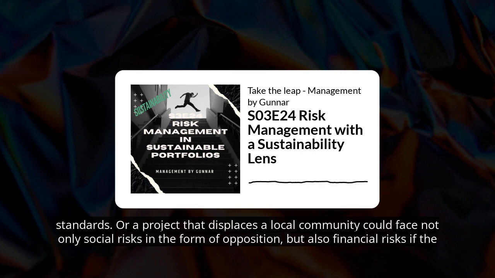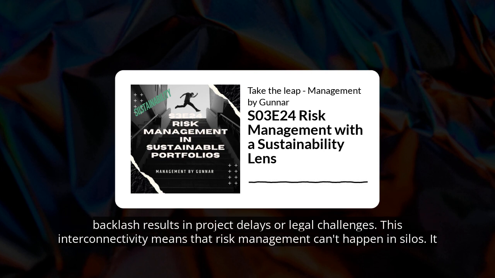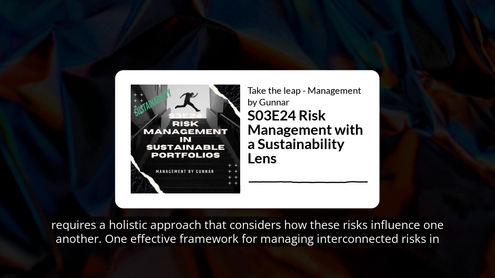Or a project that displaces a local community could face not only social risks in the form of opposition, but also financial risks, if the backlash results in project delays or legal challenges. This interconnectivity means that risk management can't happen in silos. It requires a holistic approach that considers how these risks influence one another.